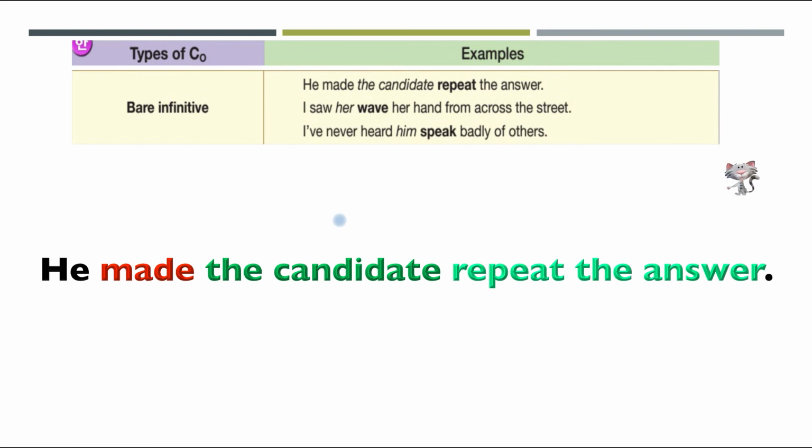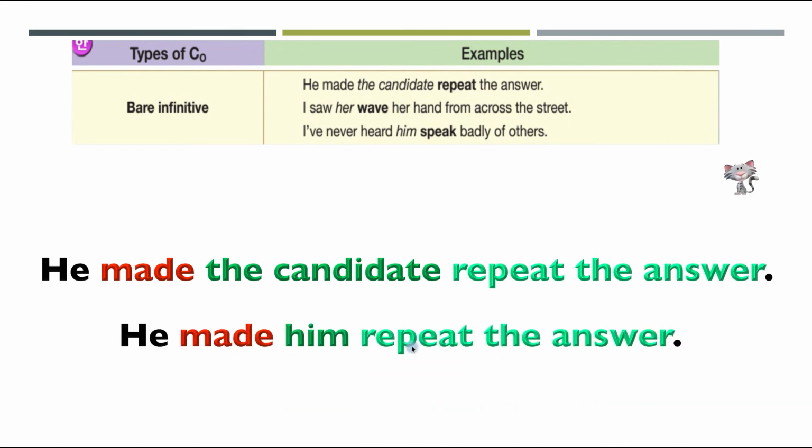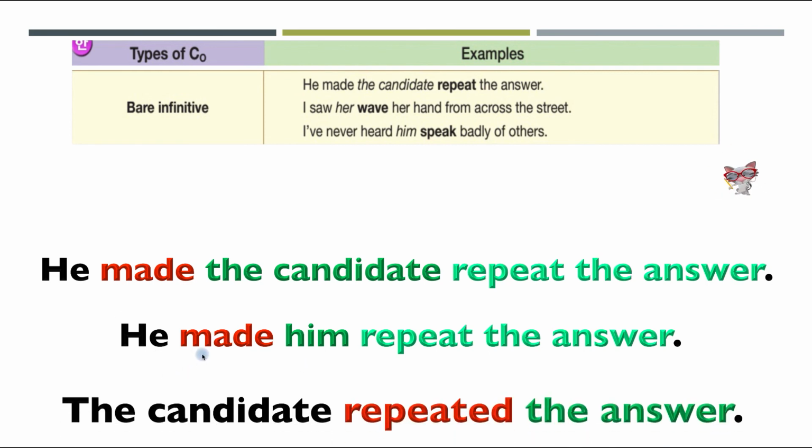I studied very hard to assist Professor Neil. Yeah, you hear that word, studied hard. So you say he made the candidate repeat the answer. You might say he made him repeat the answer. Now a different way of writing this is the candidate repeated the answer. So afterwards, he made the candidate repeat the answer. He made him repeat that. Then the candidate repeated the answer.